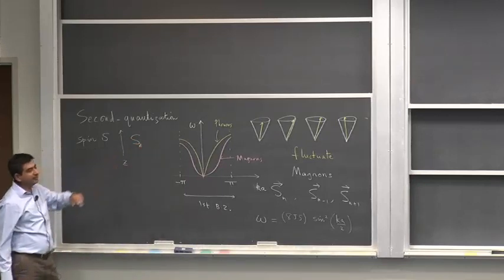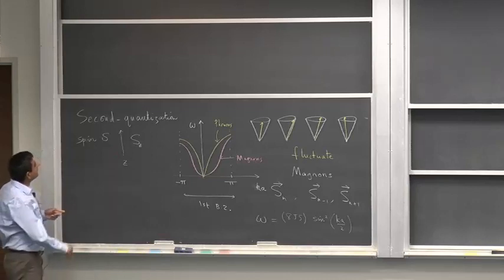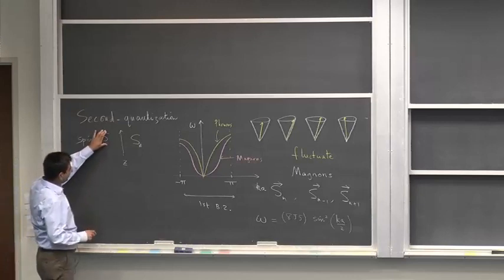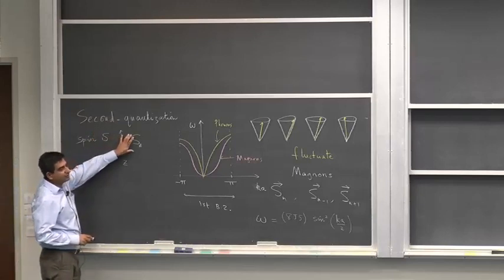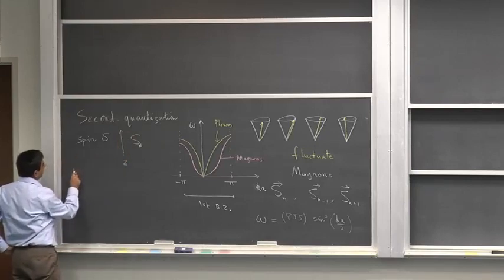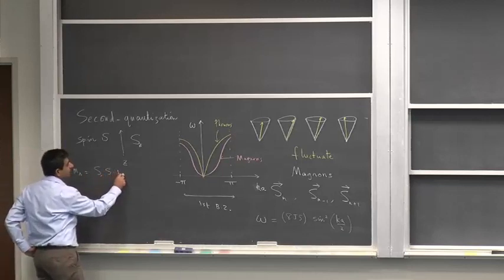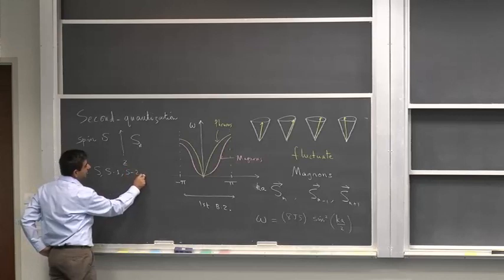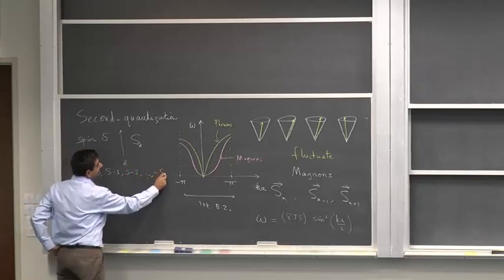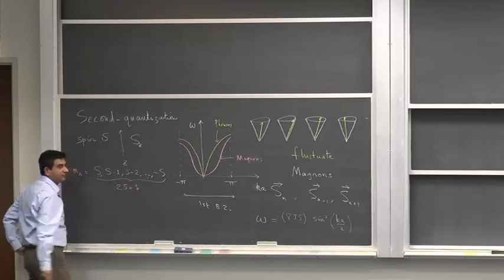And this Sz is characterized by the quantum number ms. So given an S, there are certain allowed values of Sz. So for an S, the allowed values of ms are S, S minus 1, S minus 2, all the way down to minus S. So there are two S plus 1 allowed values of ms.